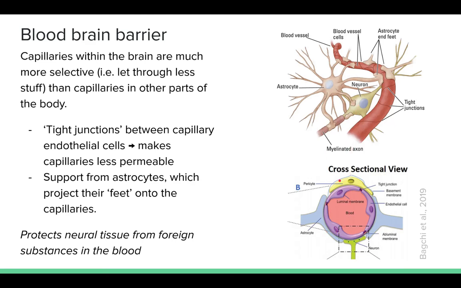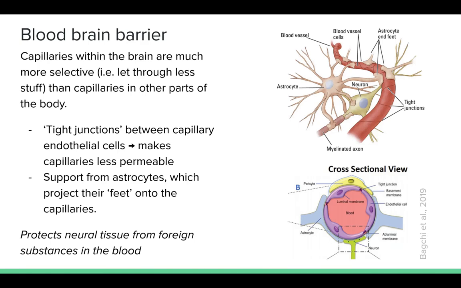In addition to that, this whole blood-brain barrier is also supported by other cells called pericytes. So this hopefully gives you an idea of what the blood-brain barrier is, and this is something that's very important in medical contexts.